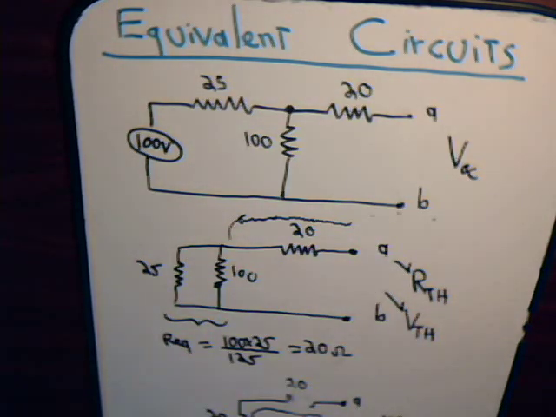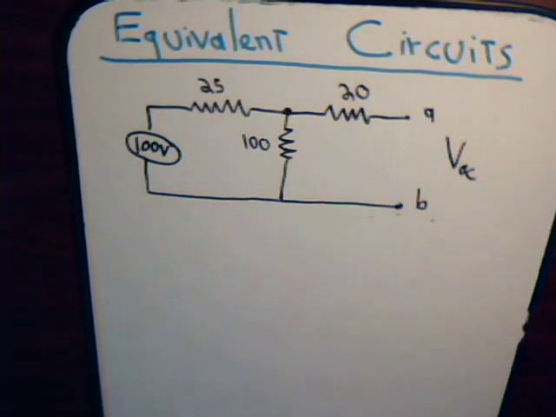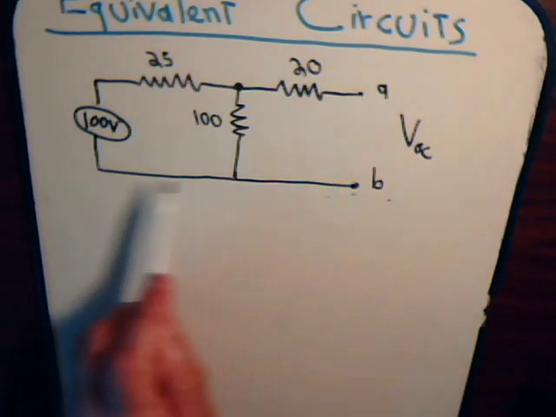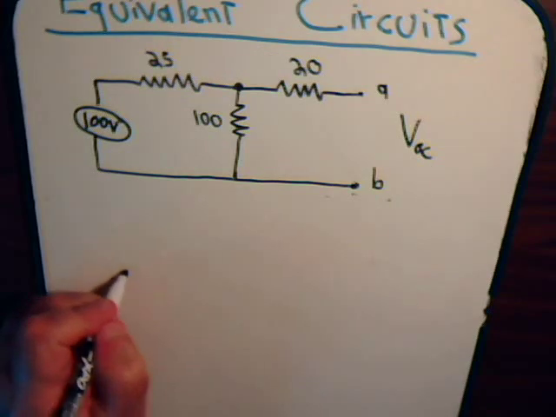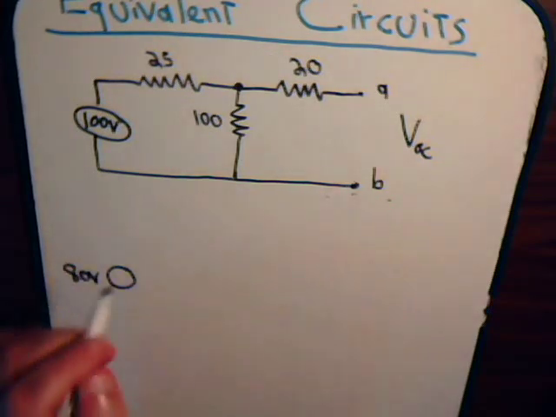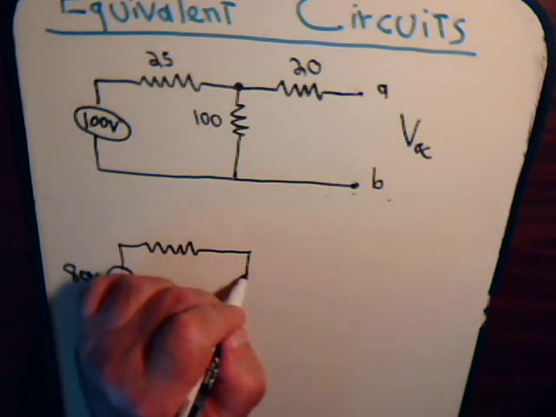Then we can simply replace this circuit with one where we have the Thevenin voltage of 80 volts and a Thevenin resistance of 40 ohms.